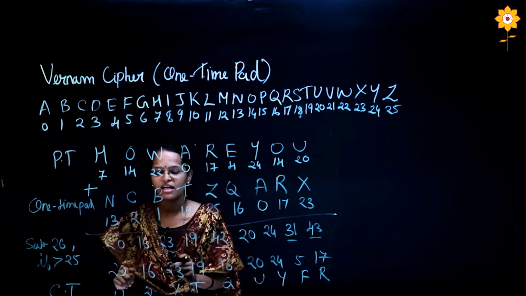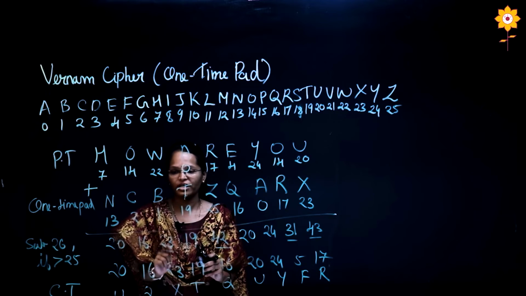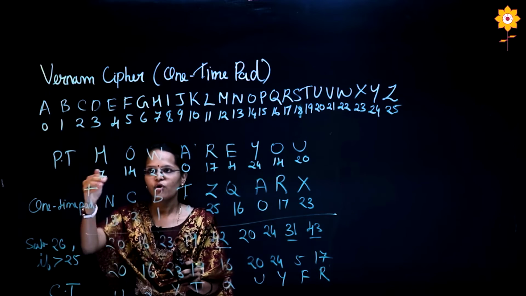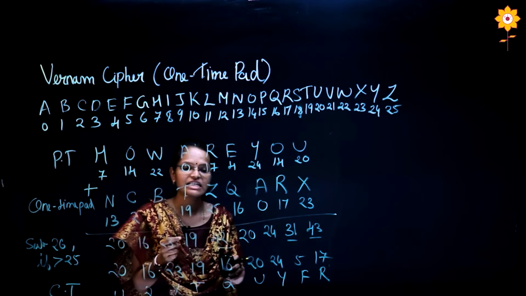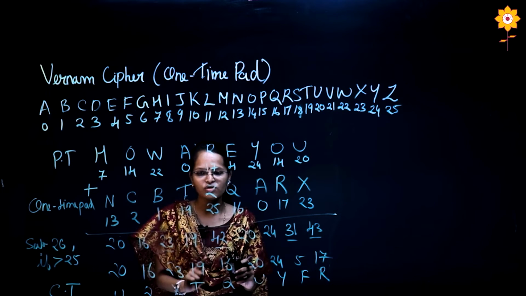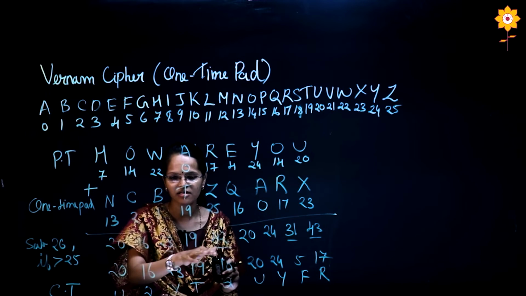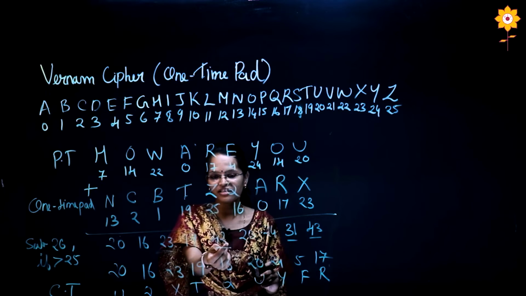The next step is to subtract 26 if the number is greater than 25. That is, whatever sum you have got from adding the plain text with the one-time pad, if the number is greater than 25, you need to subtract 26. Now 20 is not greater, 16, 23, 19, these are not greater than 25. Here you will find 42 is greater than 25.